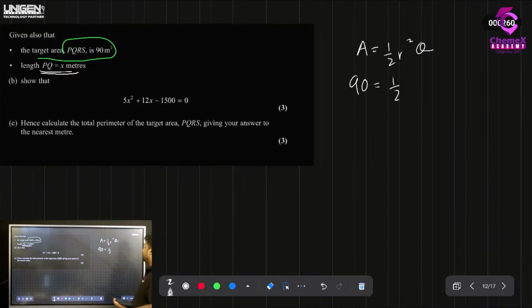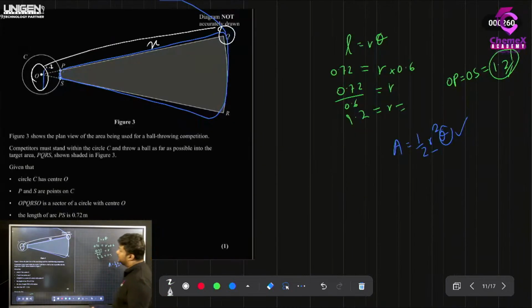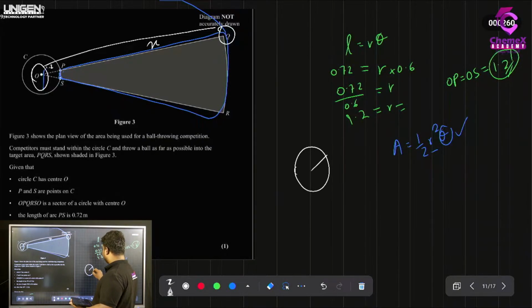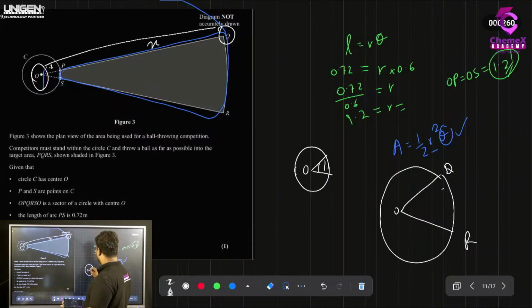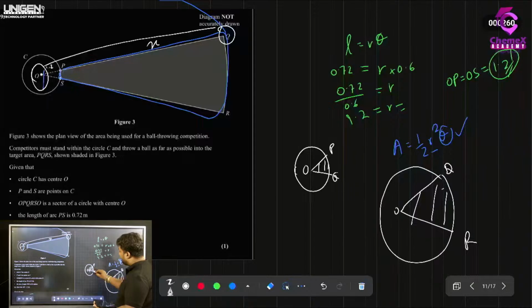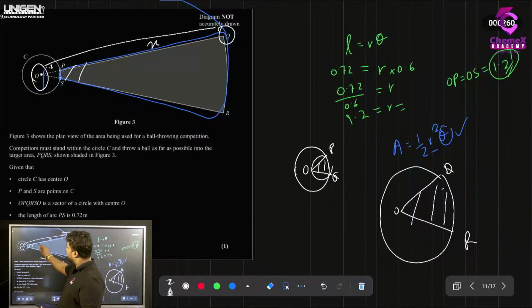In order to get this, you have two things to know. You can think this is a small circle, and you can get the area of this, and there's a large circle. You can get the area of the sector O to P and Q. If you subtract the small sector area from the large one, you get this shaded region.